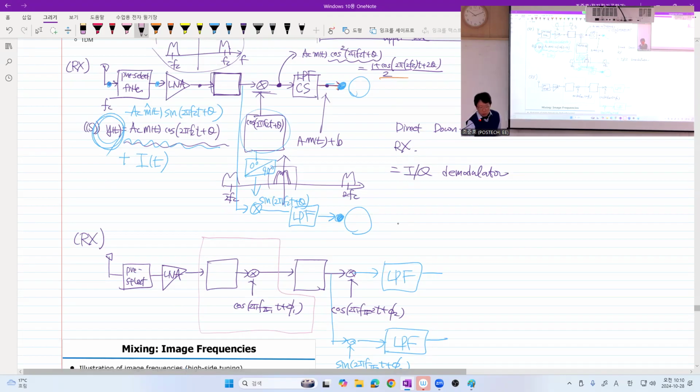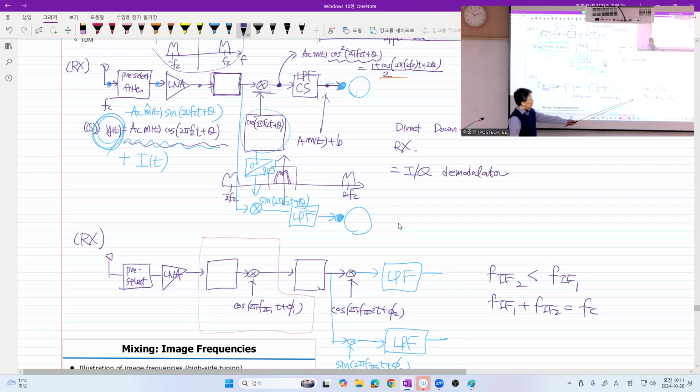Now, let's assume for simplicity that FIF2 is greater than FIF1, and FIF1 is greater than FIF2, and the summation is the same as this.